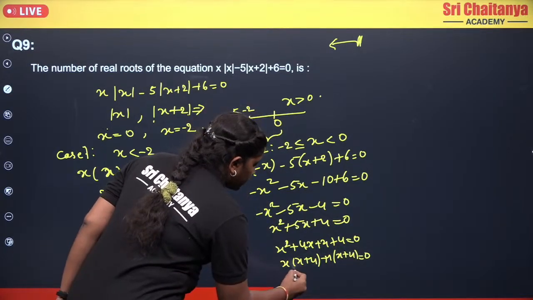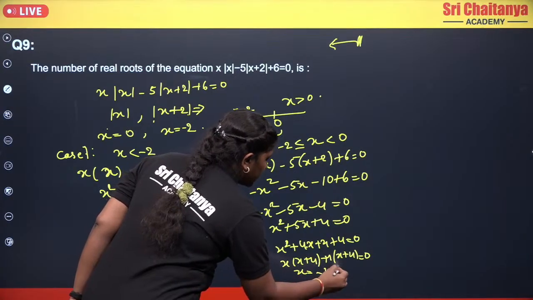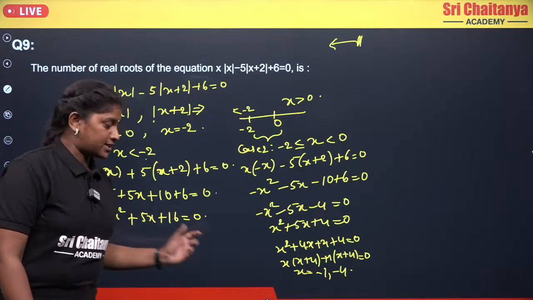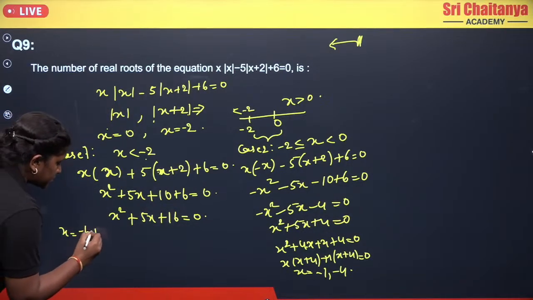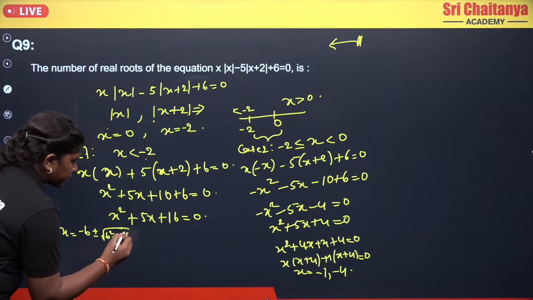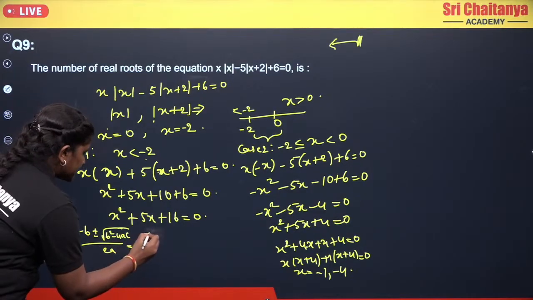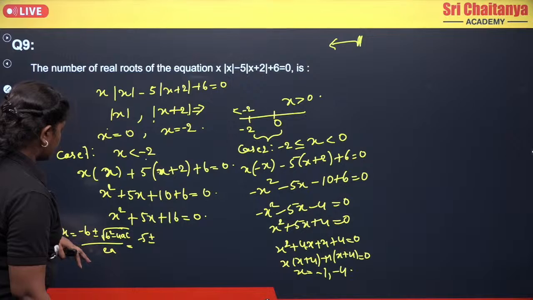Okay. Now here you will get our x values equals to minus 1 and minus 4. So we got the values of x, and from here also if you apply, x will be equals to minus b plus or minus root of b square minus 4ac by 2a. If you take, you will get minus b, it means minus 5 plus or minus. So yes.